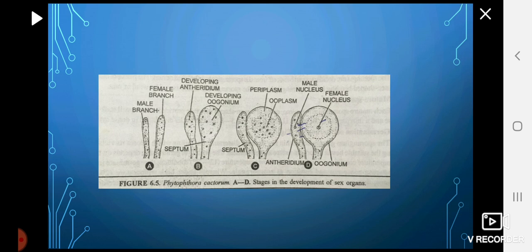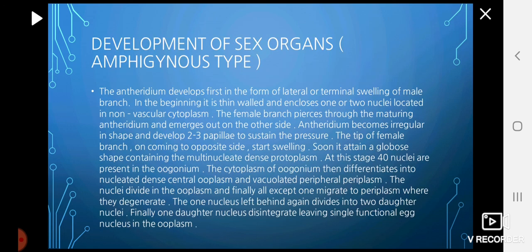You can see here in the diagram that the position of the antheridium is lateral to the oogonium. And in amphigynous antheridium, the position of the antheridium is different. It lies at the base of the oogonium, forming a funnel-shaped collar. For example, Phytophthora infestans.